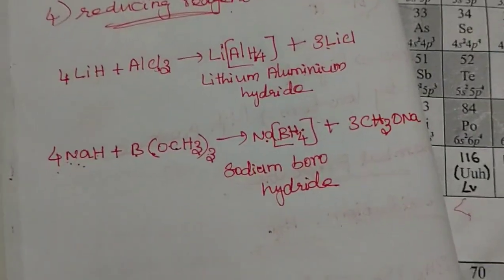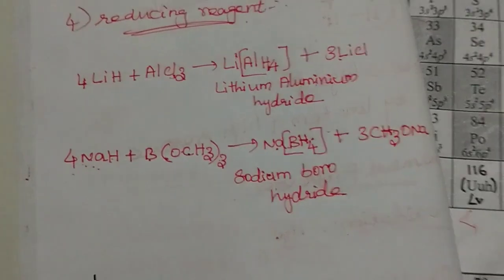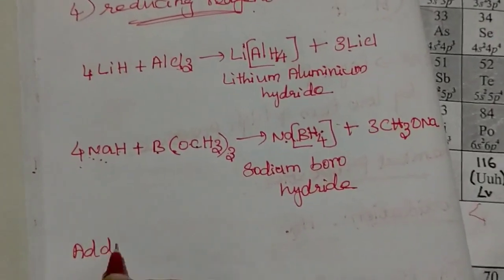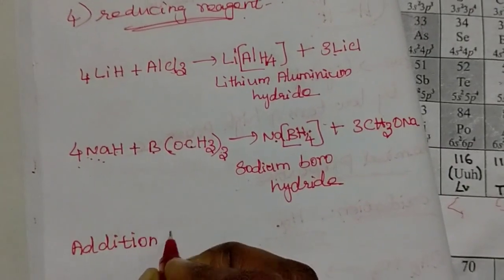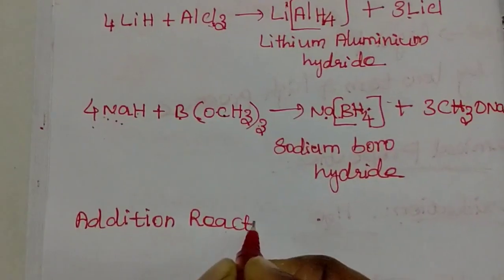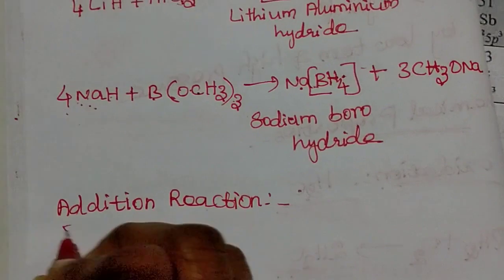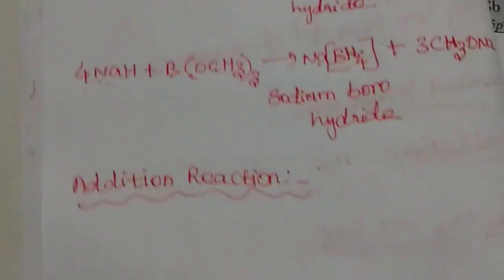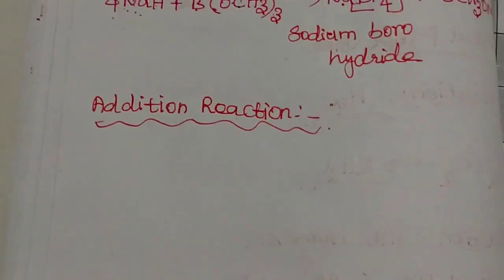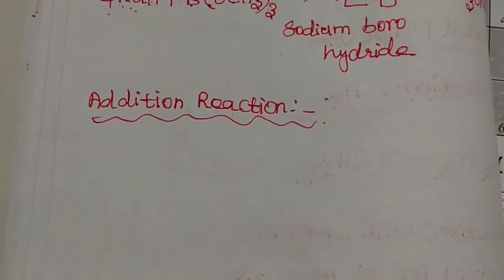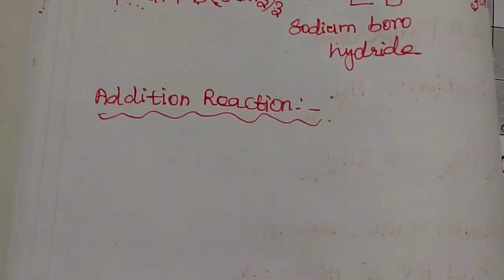Next chemical property of hydrogen, addition reaction. In the addition reaction, hydrogen also reacts as a reducing agent.